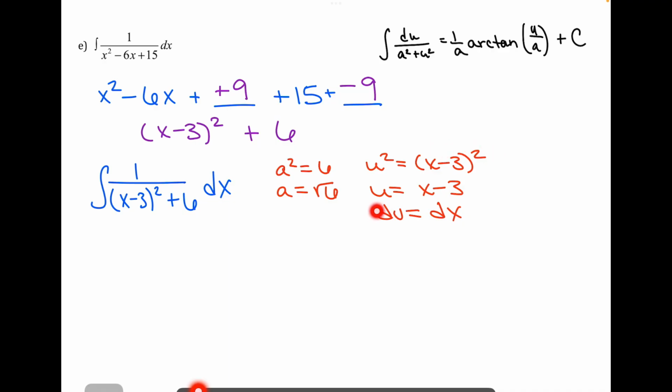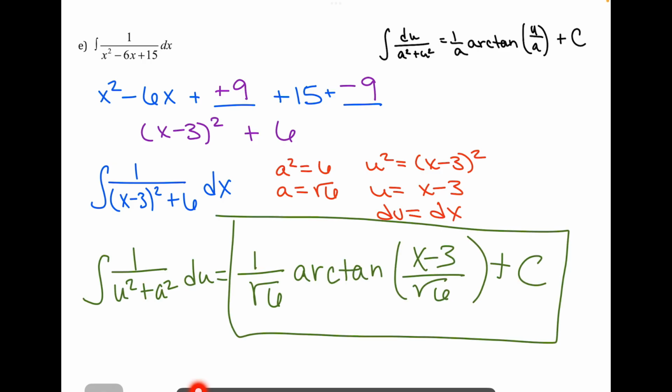That means u is x minus 3, and du is 1 dx. So this integral turns into integral of 1 over u squared plus a squared du. That fits into my arctangent pattern perfectly, so I'm going to get 1 over square root of 6, arctan, x minus 3 over root 6 plus c. That's my 1 over a, arctan u over a, plus c.